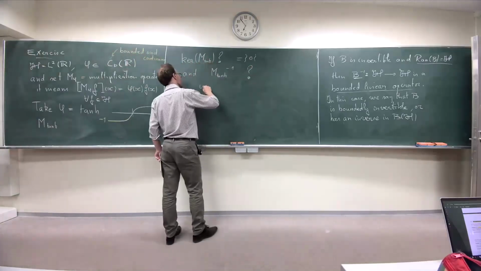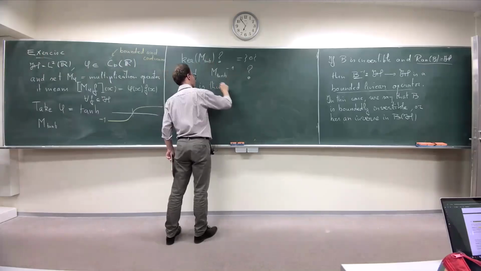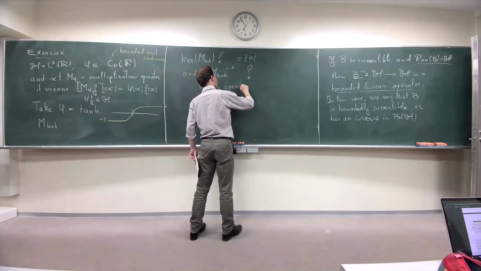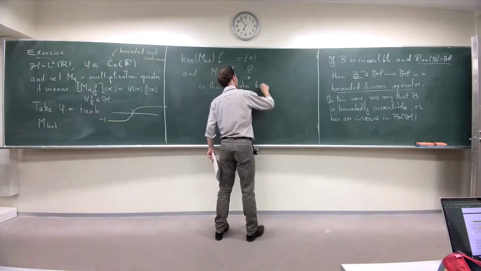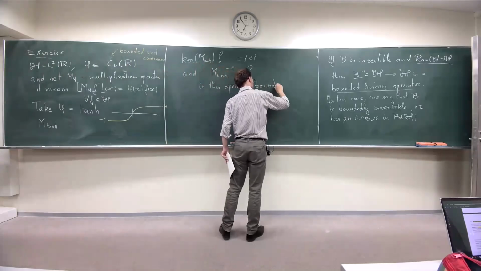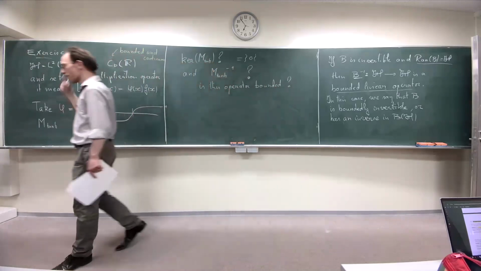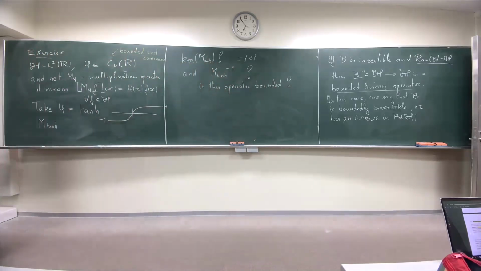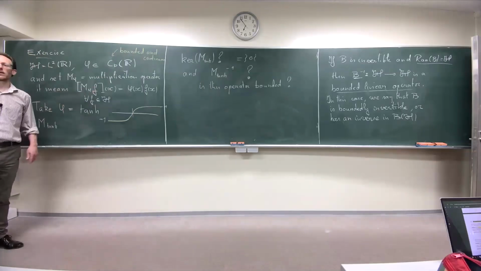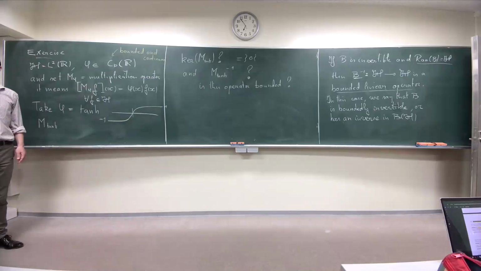And is this operator bounded? So you can wonder if this inverse is bounded. It's very good to work on this exercise. It's not difficult, but you have to understand the definition of a multiplication operator and understand what is the inverse.